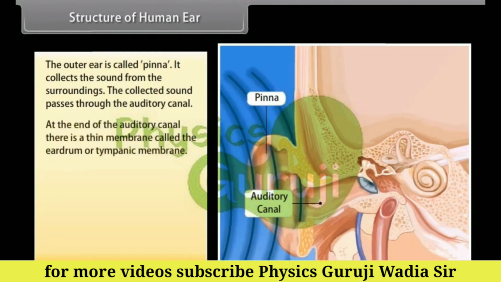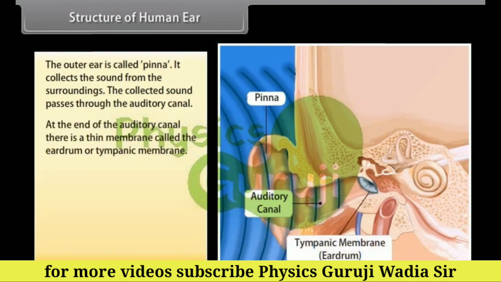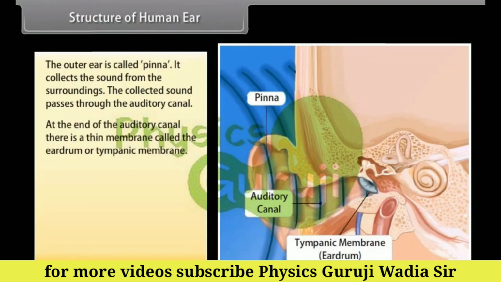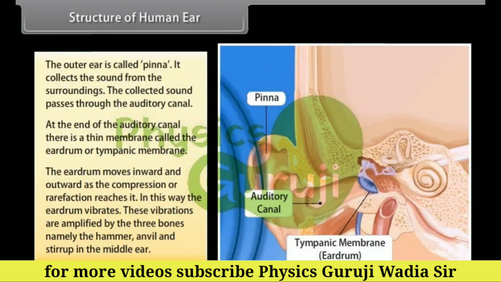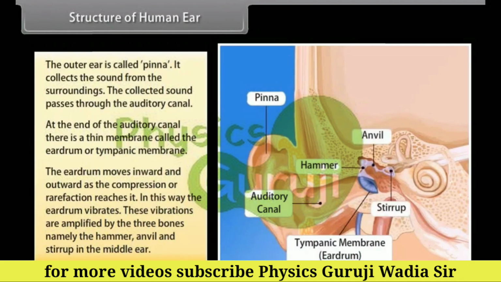At the end of the auditory canal, there is a thin membrane called the eardrum or tympanic membrane. The eardrum moves inward and outward as the compression or rarefaction reaches it. In this way, the eardrum vibrates. These vibrations are amplified by the three bones, namely the hammer, anvil, and stirrup in the middle ear.